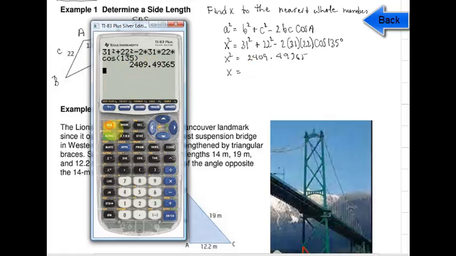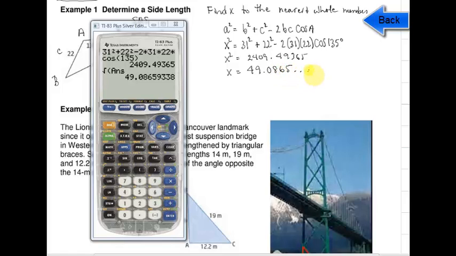So I'm going to go second x squared to get my square root, then second negative sign because that's second answer, and enter. The square root is 49.0865, and so on.